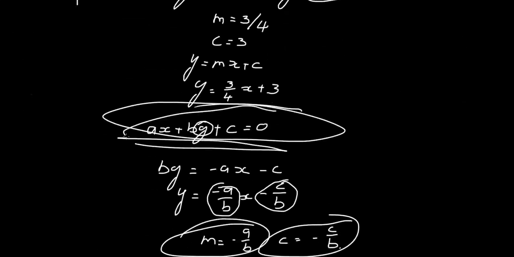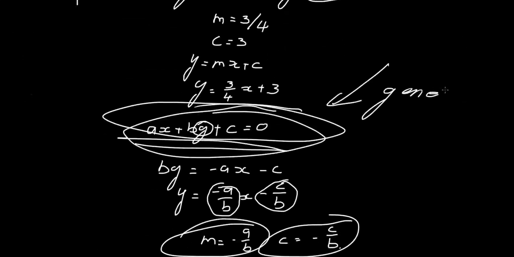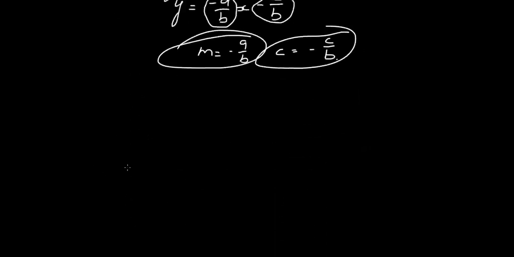This form is known as the general form. As I said, the gradient intercept form is far more commonly used. It's far nicer.